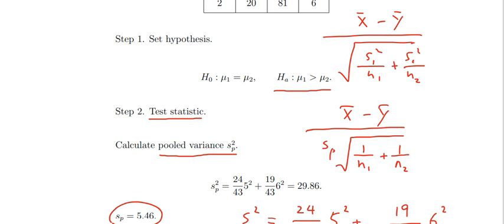We can also weight the pooled average. Like here, if we have two classes, class 1's average is 80, class 2's average is 85, so we need to find a pooled average, the average for these two classes. And for proportion, we also have a pooled proportion.